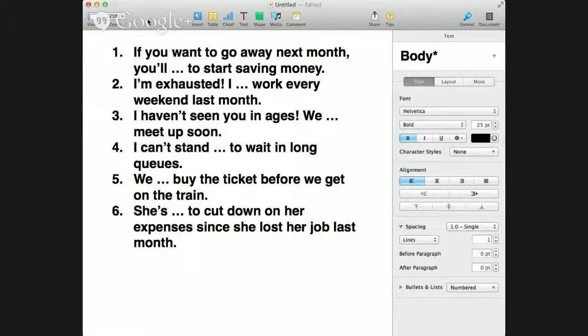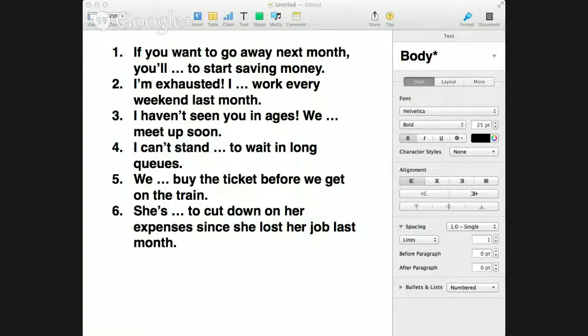All right. So there we have 6 examples. I'm going to go through these one at a time and get you to tell me, should I use must or should I use have to, or any of the other tenses? So it could be in any tense.